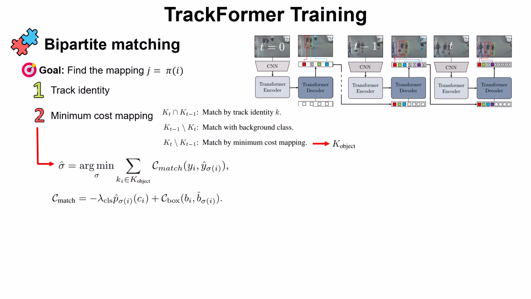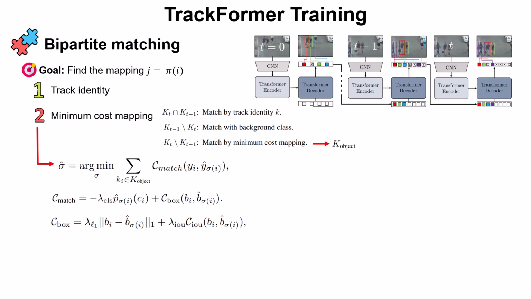And the next term is for bounding box regression, which receives b_i as the bounding box coordinates of the ground truth and b hat, which is the bounding box coordinates for the prediction. Which prediction? The prediction that comes from this sigma(i). And for finding the bounding box cost, they are applying these 2 terms.